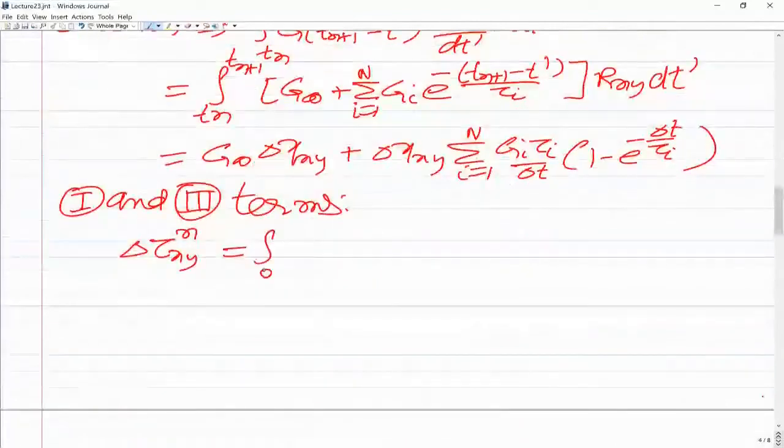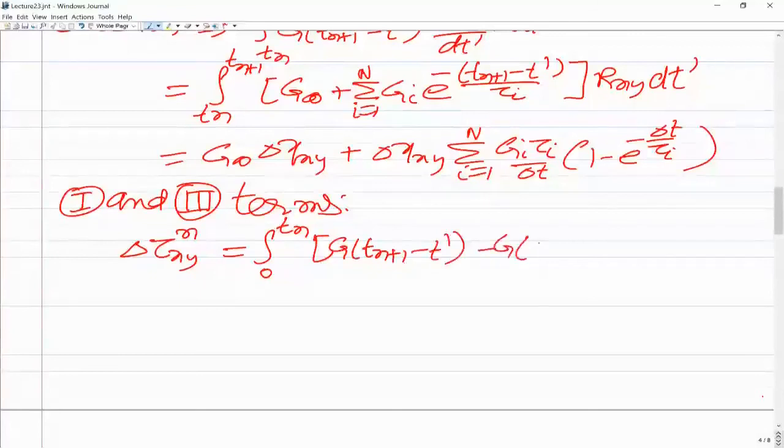So you can write this as integral 0 to tn, and then we have g at tn plus 1 minus t dash minus g at tn minus t dash, and then into d gamma xy by dt dash into dt dash. So you can write it like this.